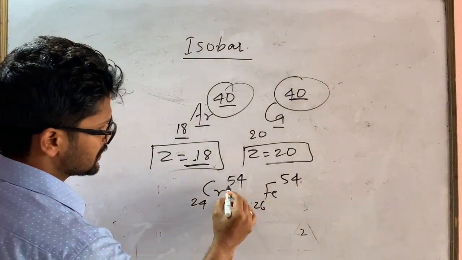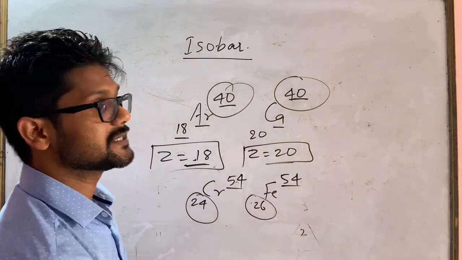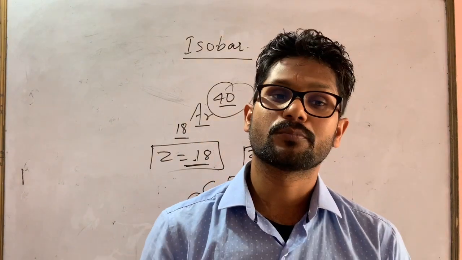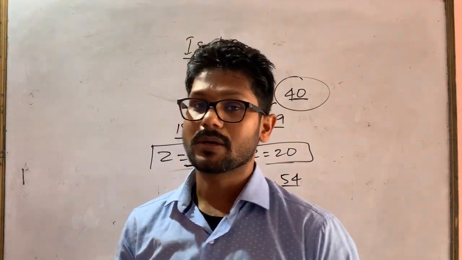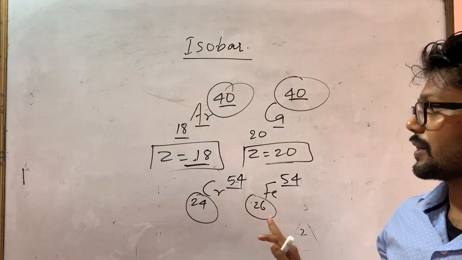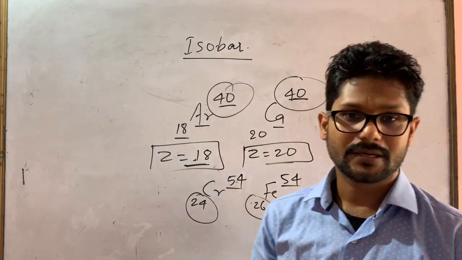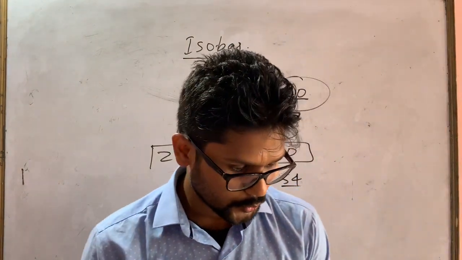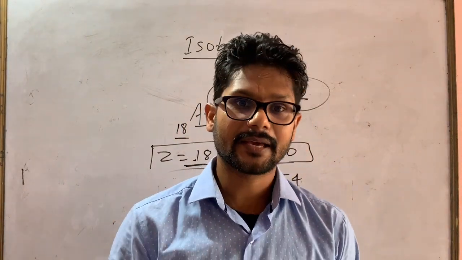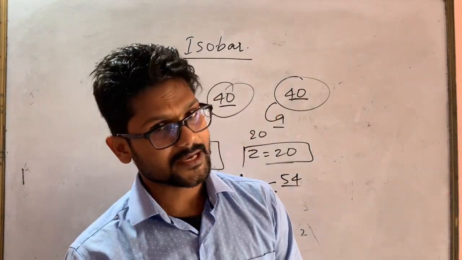Again you can see that both have the same mass number but possess a different number of protons, or you can say atomic number. So this is also an example of isobars. So I hope these two topics are clear. Go through the explanation again and again, so you will easily understand isotopes and isobars.